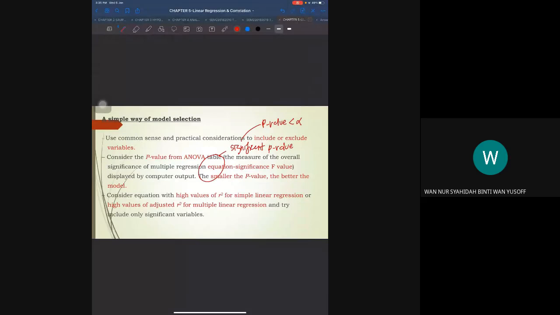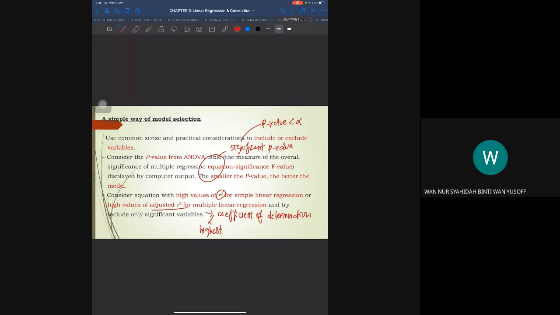And the second characteristic that we use is the coefficient of determination. For the coefficient of determination, we need the highest value. So we have R square and also adjusted R square. Why both?